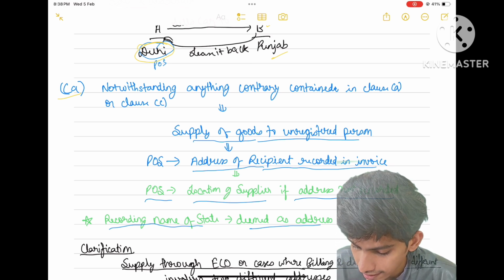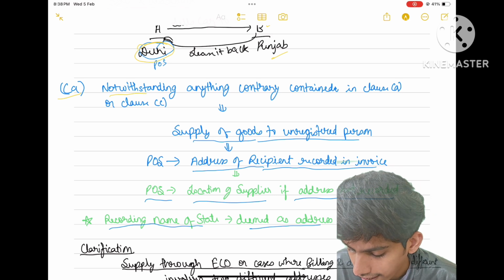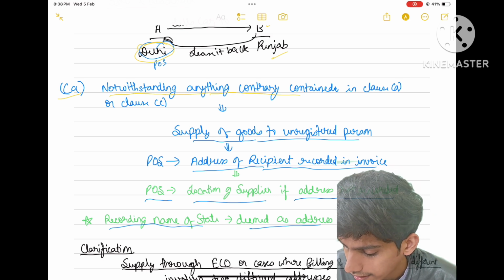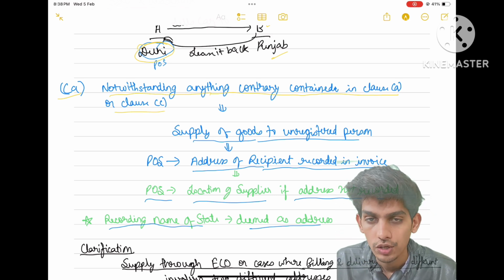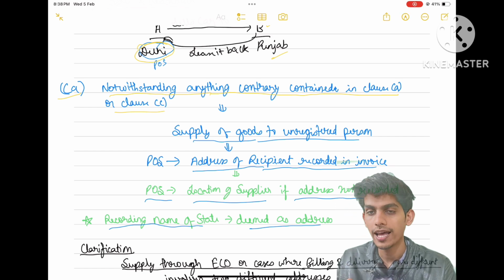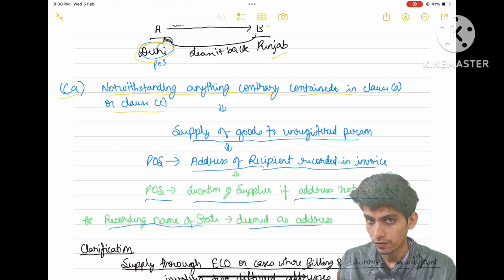So this section says, notwithstanding anything contrary contained in clause A or clause C. Clause A was where the supply involves movement of goods, and clause C where supply does not involve any movement of goods. What is written in those two clauses, we will not touch.